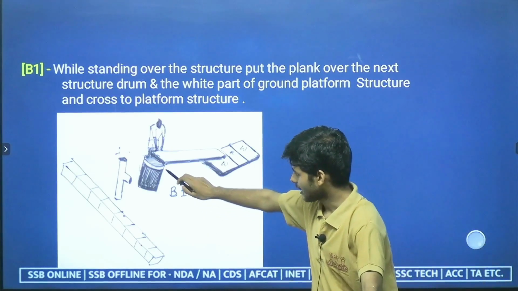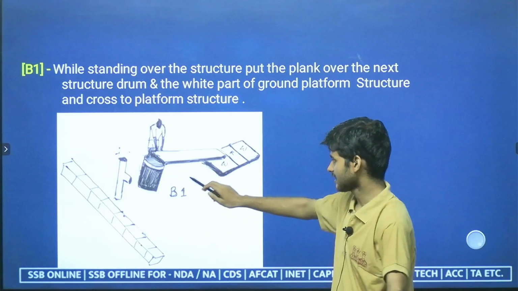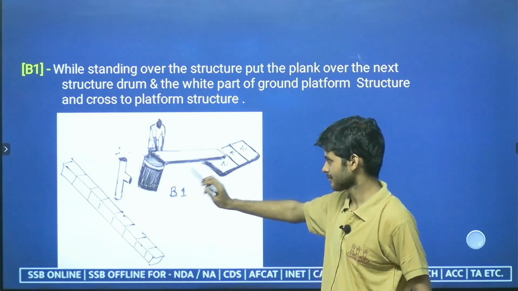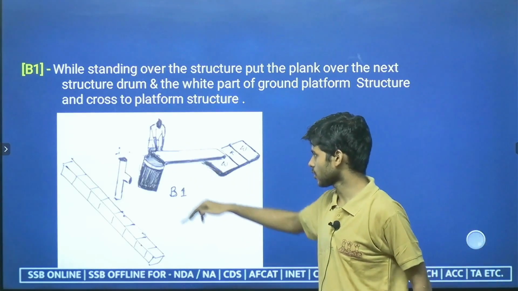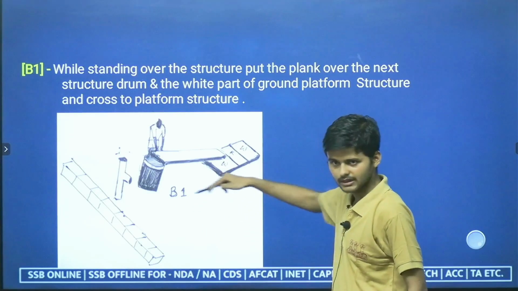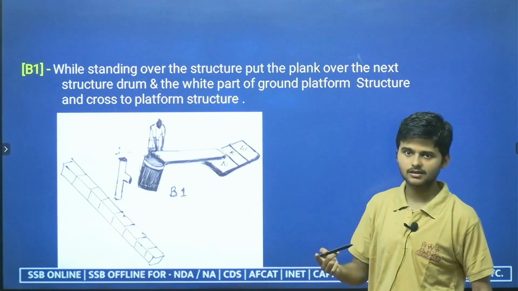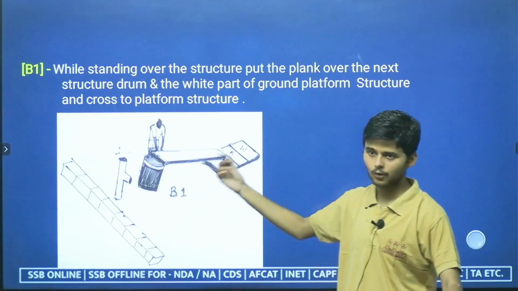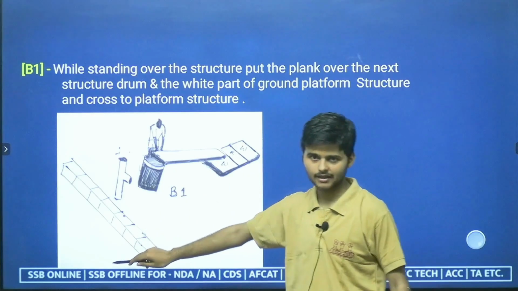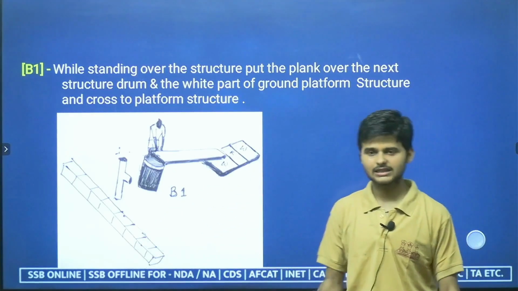So the candidate, after standing on the drum structure, must keep in mind the rule that the candidate cannot use this whole bounded area, because if any candidate keeps his foot on this area, it would be considered a violation, and the whole team has to start again from the beginning. That would be considered a wastage of time.